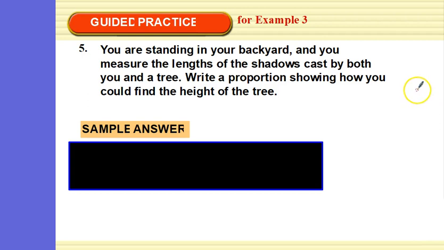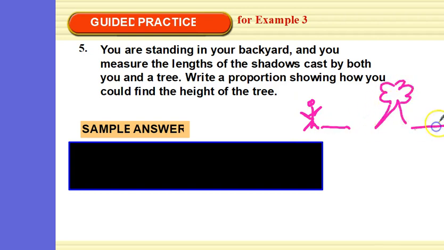You're standing in your backyard, and you measure the length of the shadows cast by both you and a tree. Write a proportion showing how you could find the height of the tree. There's you and your shadow. There's the tree and the tree's shadow. So your height is to the tree's height as your shadow is to the tree's shadow.